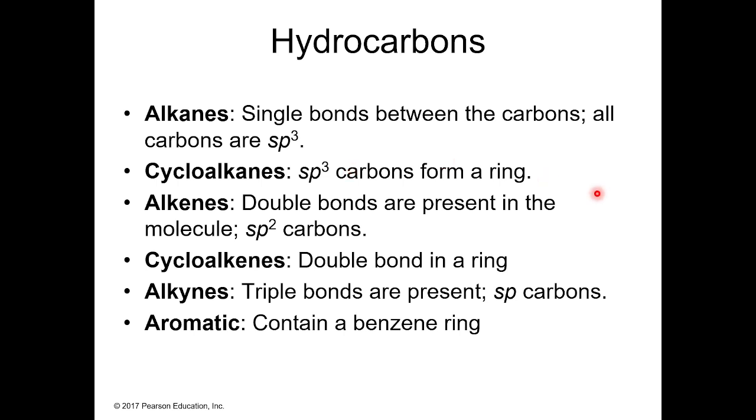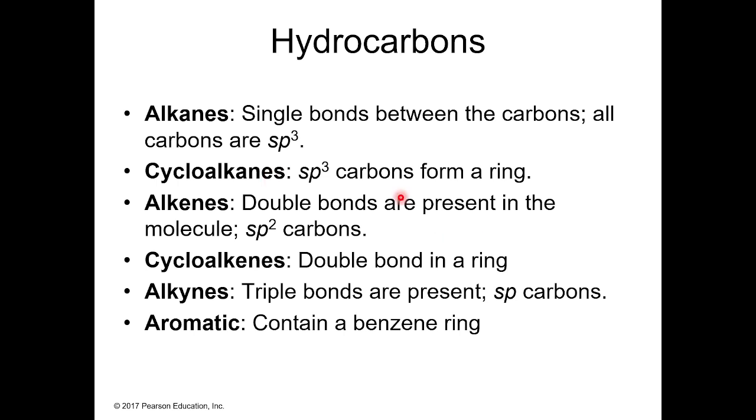Cycloalkanes, again, these are going to have that sp3 carbons, but they'll form a ring. So they have to connect back into themselves to form a ring. Cyclo. Like, cycles. Okay. Alkenes, these are going to be double bonds present within the molecule. It does not mean that you have all of them having double bonds; it can be just one, but it doesn't have to be.